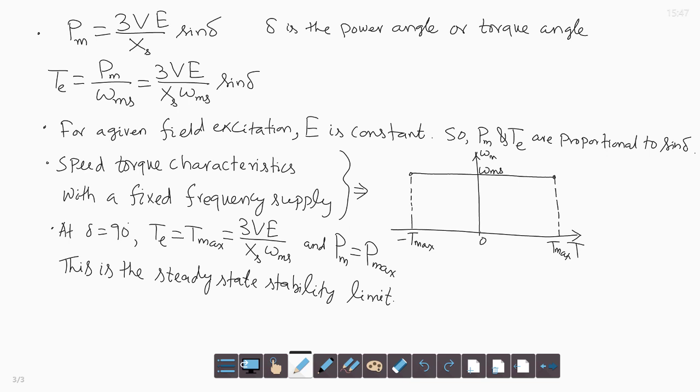And in this speed torque characteristics, to the right of the speed axis, we have the motoring operation. For motoring operation, delta is positive.